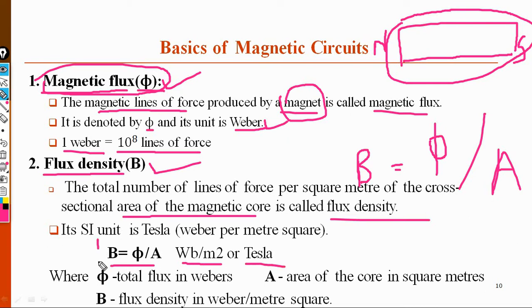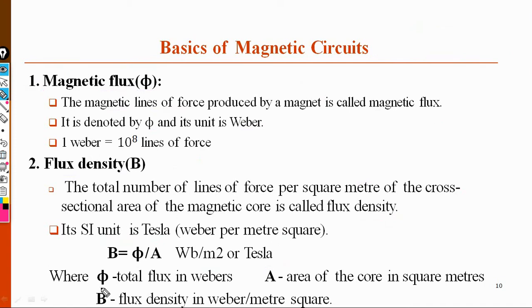This is the important unit of flux density. Phi means total flux measured in Webers, A means area of the core measured in meter square, and flux density is in Weber per meter square. This is the second point, flux density.